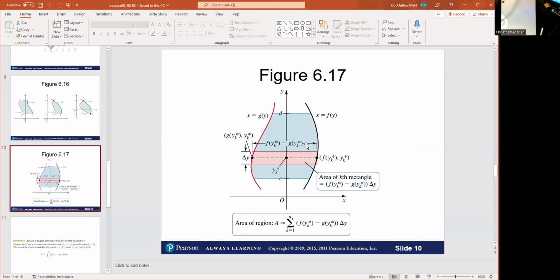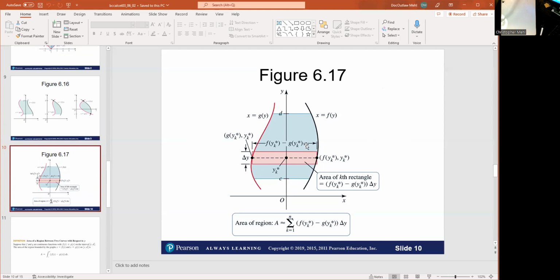I'm going to chop up my region into pieces. So let's suppose I've got two functions, x equals g of y and x equals f of y, where g of y is less than or equal to f of y, and I have a lower line y equals c and an upper line y equals d, and I want to find the region bounded by those.